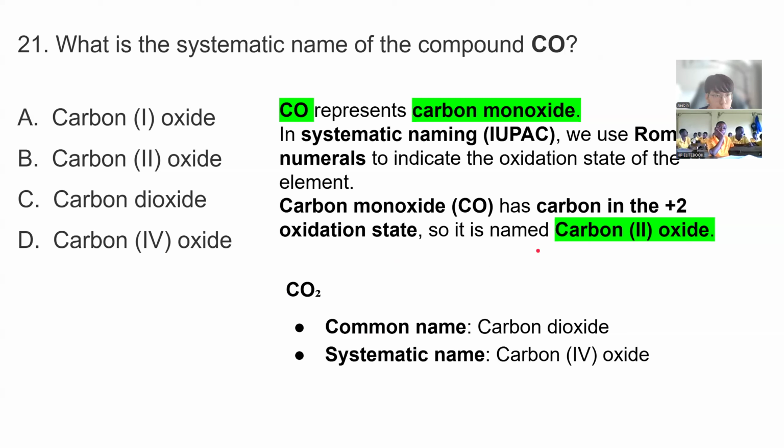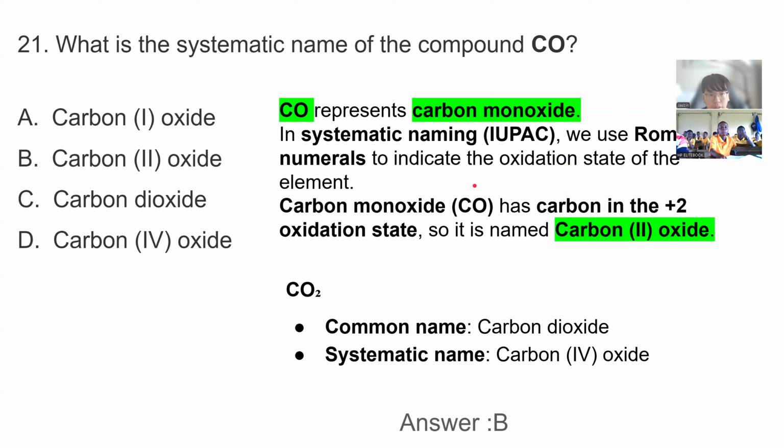Yeah, this is question 21. The answer is actually given to be carbon 2 oxide, which is B. This is because CO is called carbon monoxide. In systematic naming, however, we use oxidation states of the element.